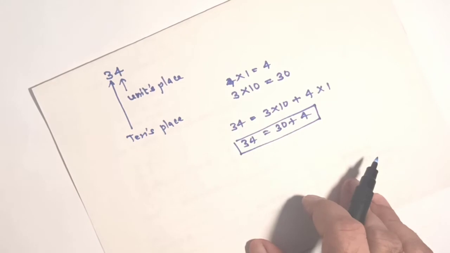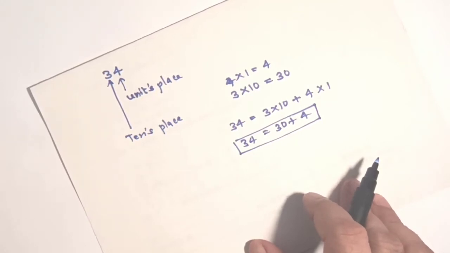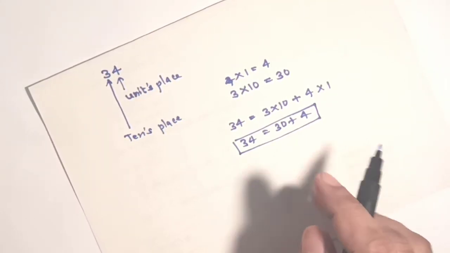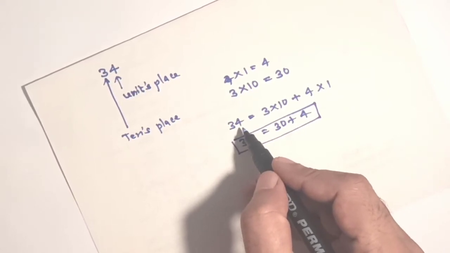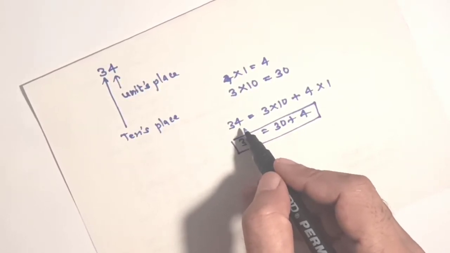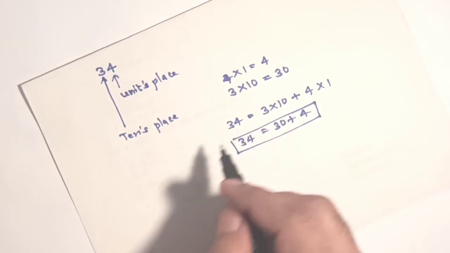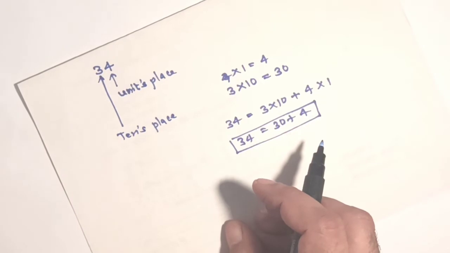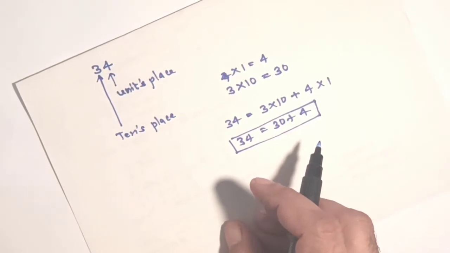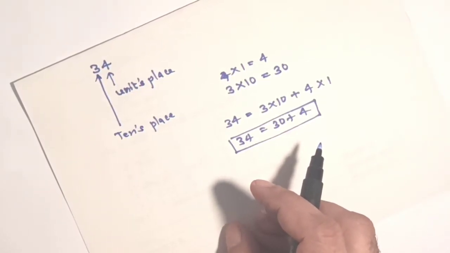So whenever you have to express any two-digit number, you should get two digits, one in tens place and the second in units place. Now how to write a two-digit number using variables x and y?